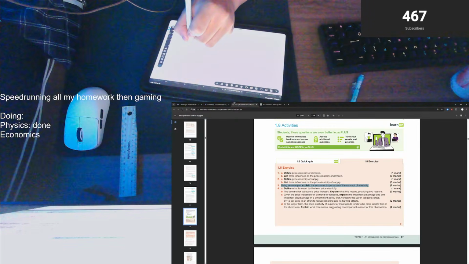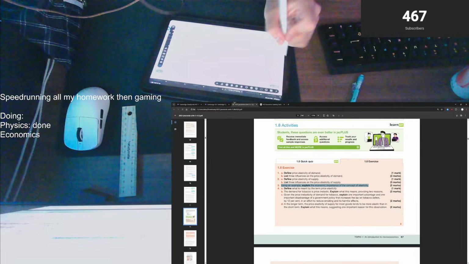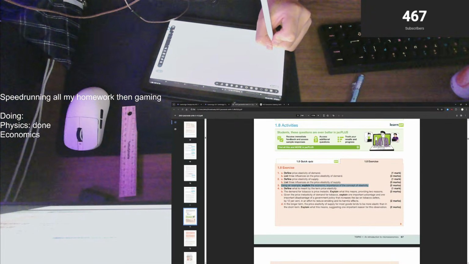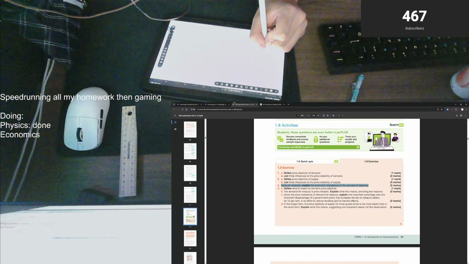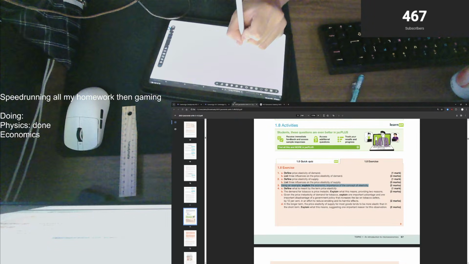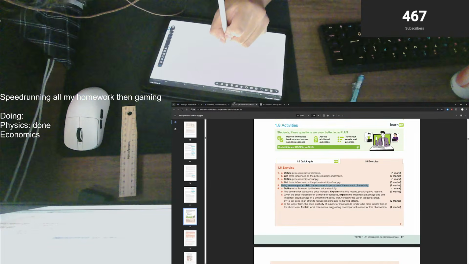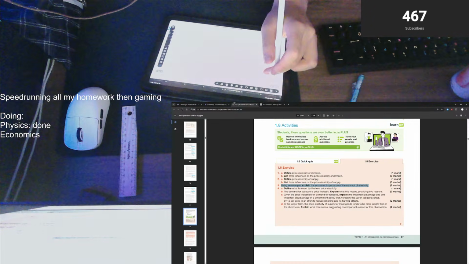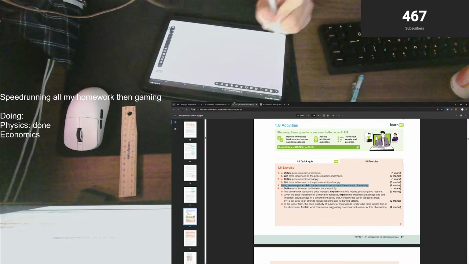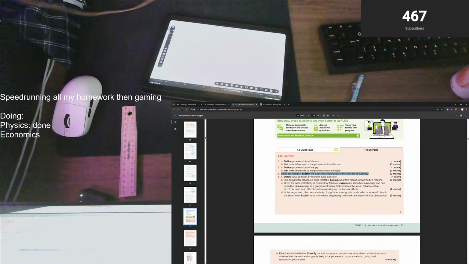Any human purchase fee. Long term, the capacity of supply for most goods tends to be more elastic.